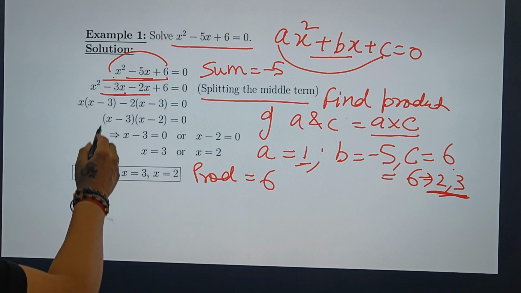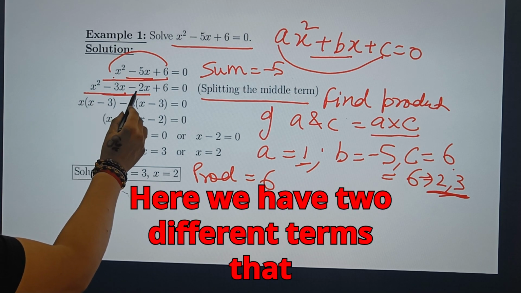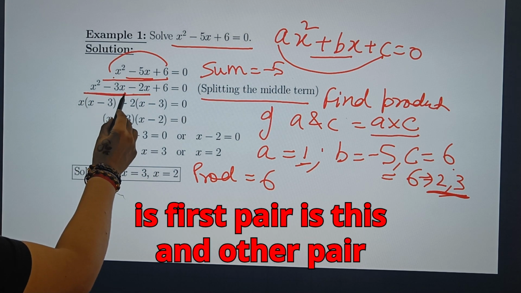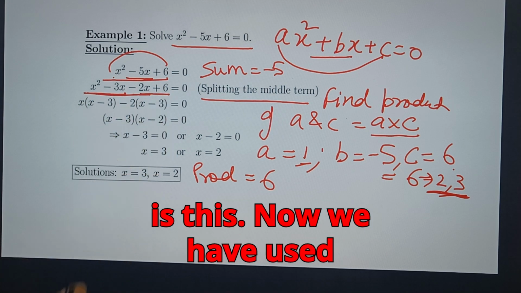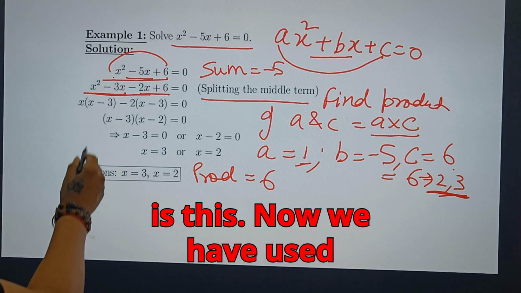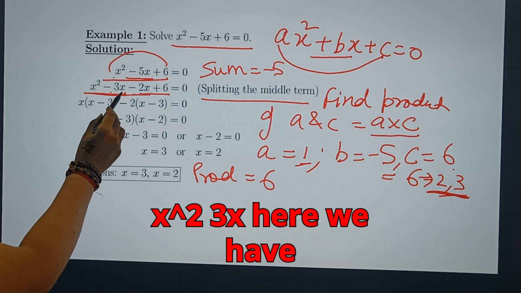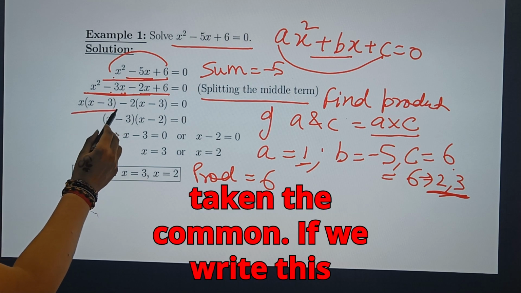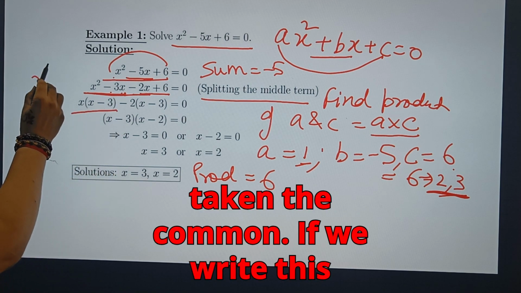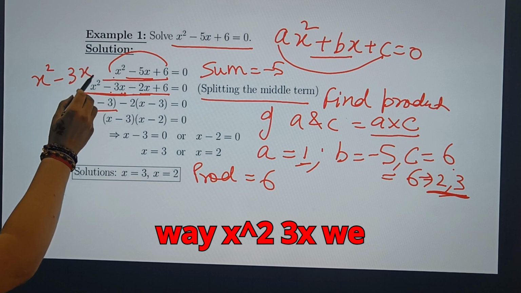Let's move further. Here we have two different terms, that is the first pair is this and the other pair is this. Now we use the first pair, x square minus 3x, and here we take the common factor.